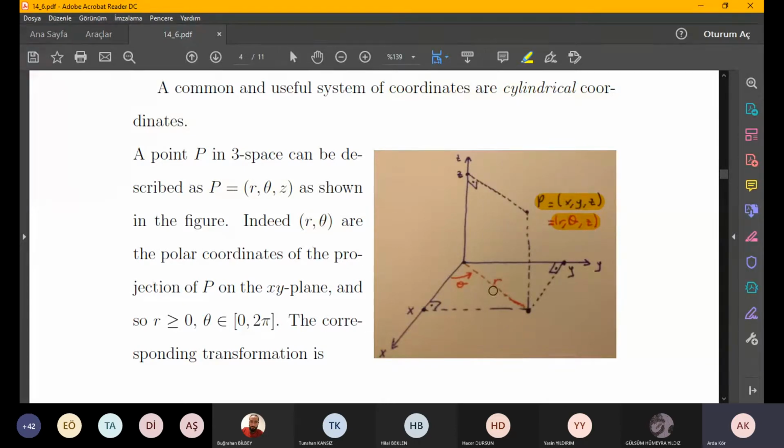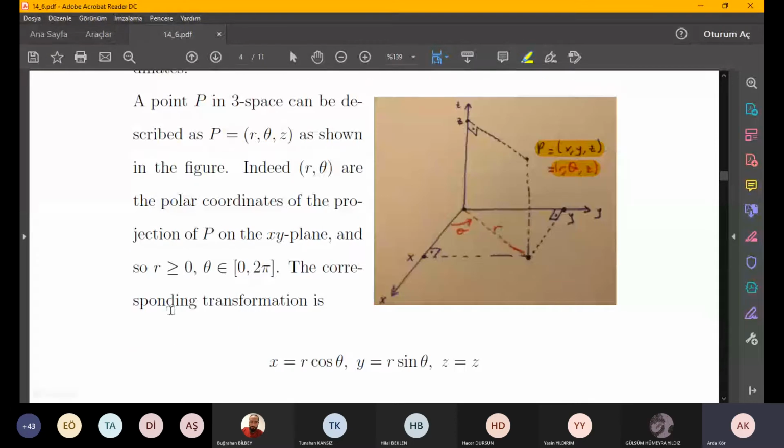Here r and theta are the same r and theta that we have seen for polar coordinates, the polar coordinates of the projection of any point on the xy plane.